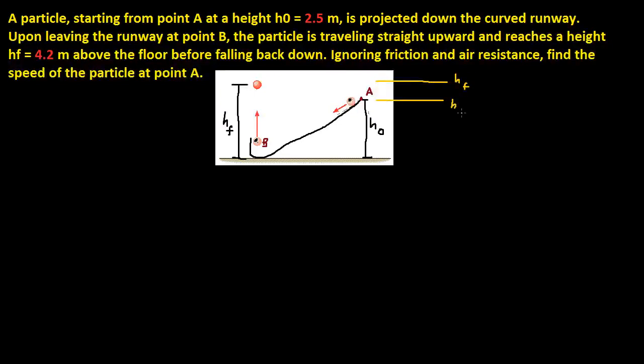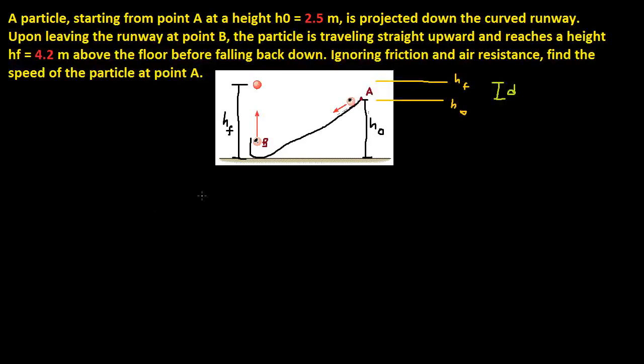Basically, if H final is where you started, we want to find the speed, the kinetic energy at H naught. That's what we're trying to figure out, the change in kinetic energy from here to here. So let's go ahead and do that.